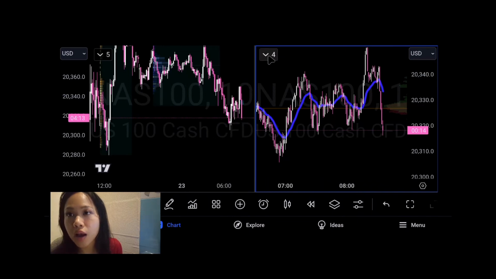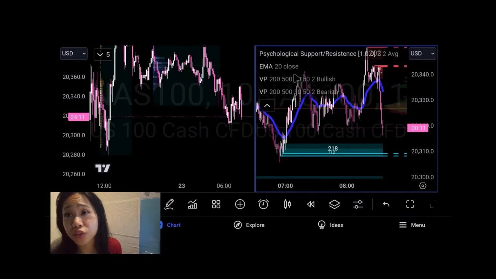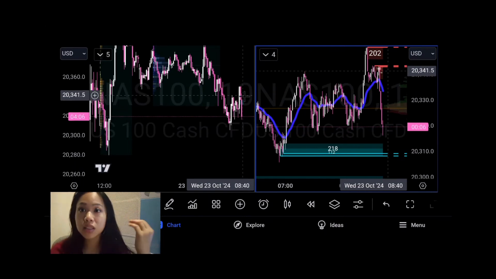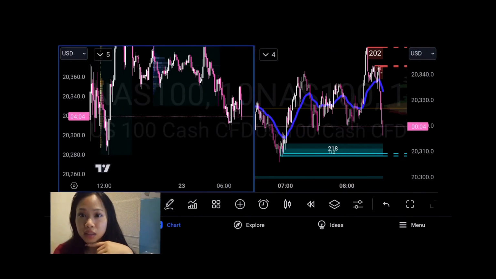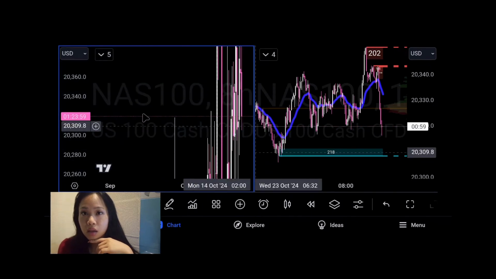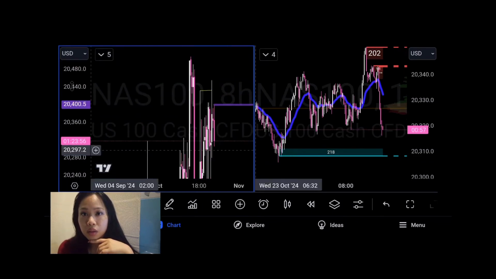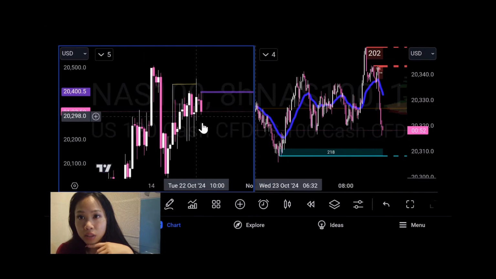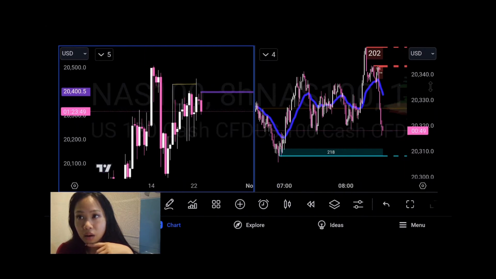And so I found this really cool indicator. It's called the psychological support and resistance, and it's just a way to look at the levels of the higher time frame. So here's the 8-hour time frame, right?